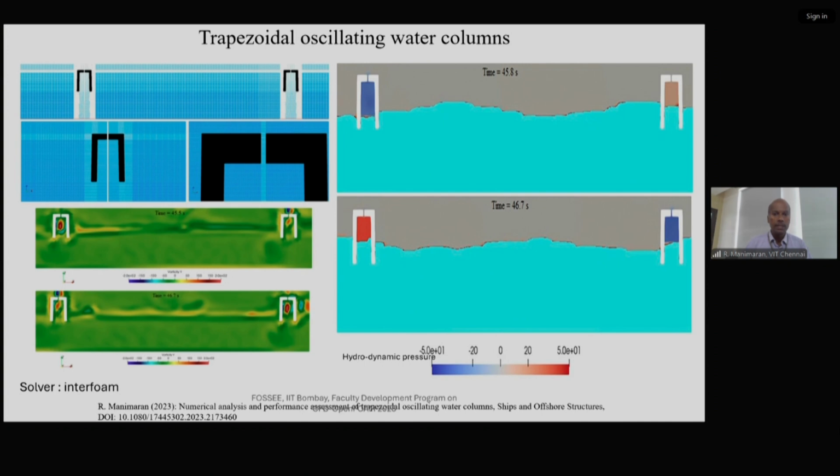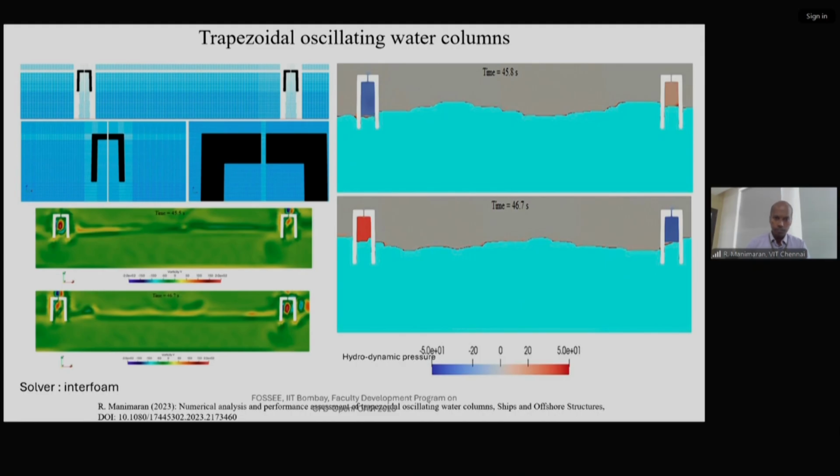The traveling wave compresses the air inside the oscillating column, and the air is sent out of the top through a nozzle, where the flowing air can be used to capture that energy.